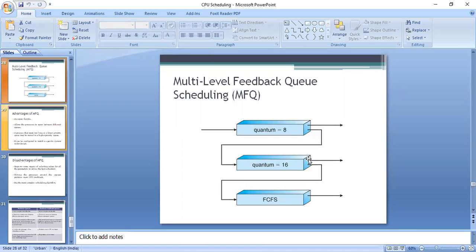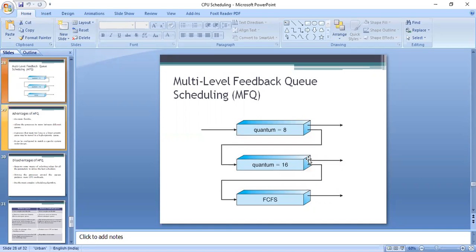It gives preference to short jobs. It handles input output bound processes, and it categorizes the processes based on their need for the processor.